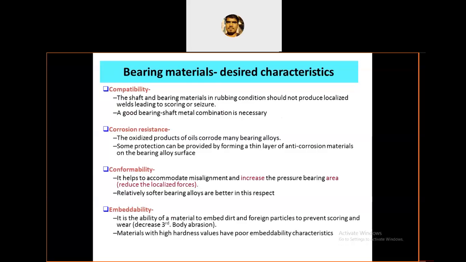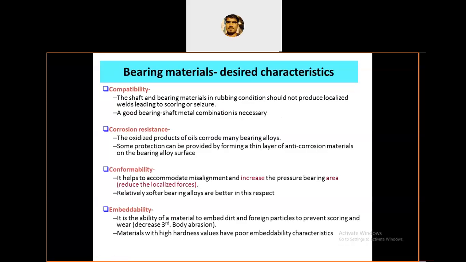Clear? A bearing material should have high embeddability, means it will embed the dirt or foreign particles or contamination. Contamination means that the lubricant may contain some hard particles. Those hard particles may rupture the bearing or journal surface.